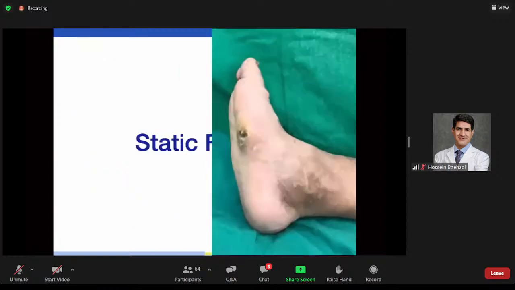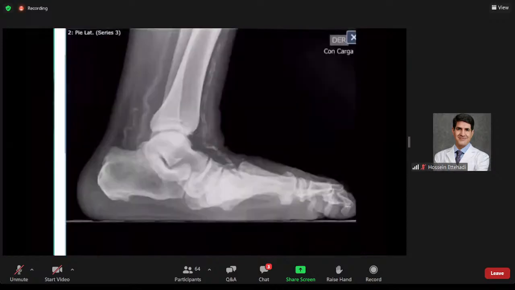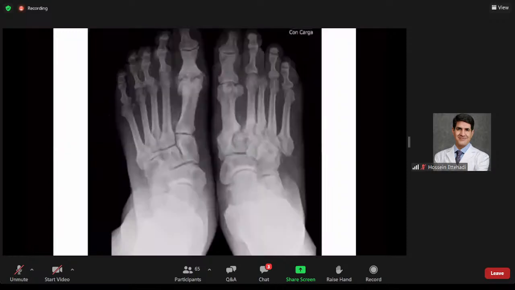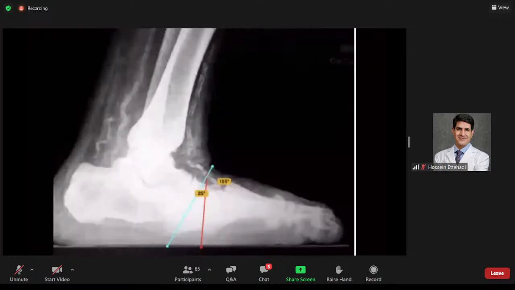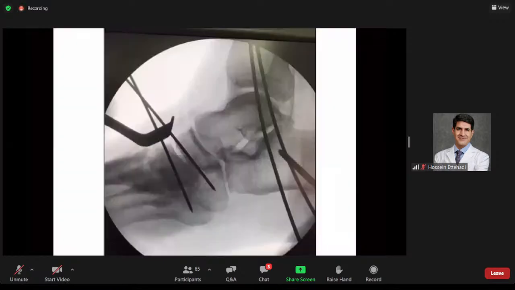The static frame, this is an example: a 68-year-old male, very complicated diabetes, a smoker, with this 10-month observation. We have a moderate to severe collapse. So we did perform a wedge osteotomy of the midfoot with a biplanar component in order to correct the adductus.